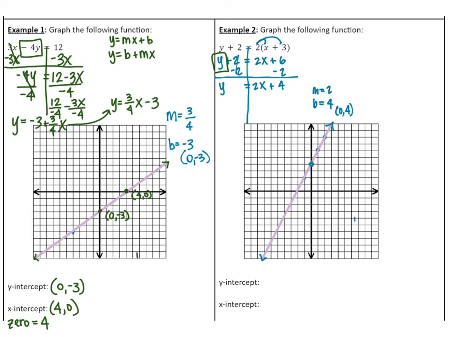I have my y-intercept already, and here I can see this is where my line goes through the x-axis. So my y-intercept, we already know, was 0, 4, and my x-intercept looks to be at negative 2, 0. So it has a zero of negative 2. All right, there you have it.